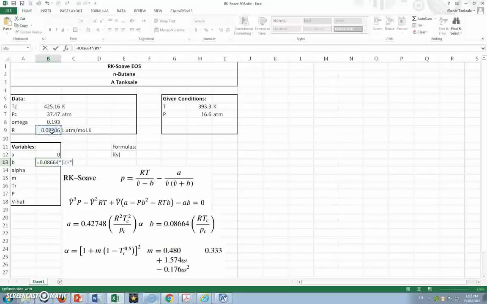Currently we are setting up the equation for B, which is 0.08664 times R times critical temperature over critical pressure. Alpha is in terms of another parameter M and the reduced temperature. So it's 1 plus M times 1 minus reduced temperature to the power 0.5, and then the whole thing in the parentheses squared.